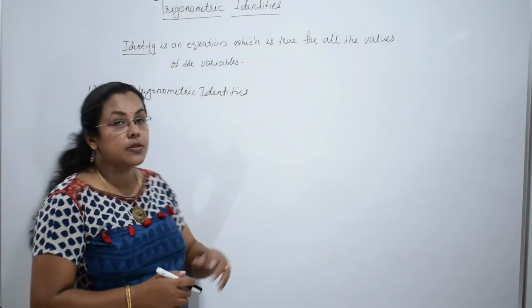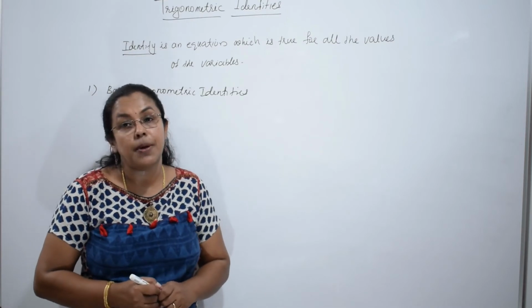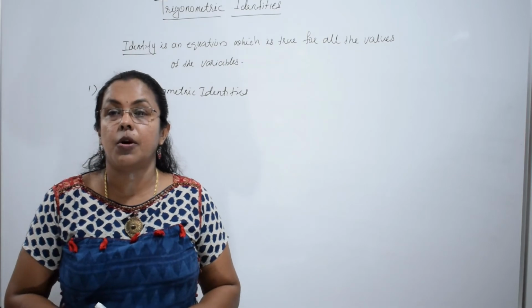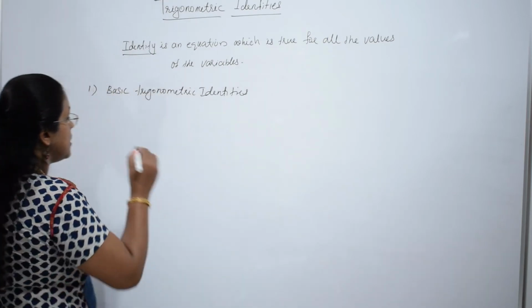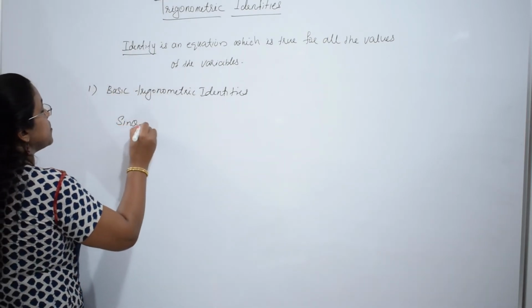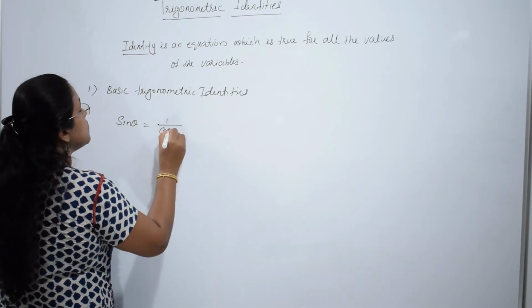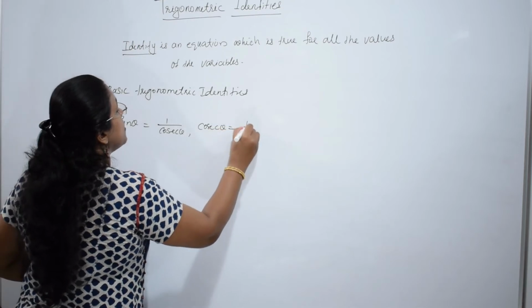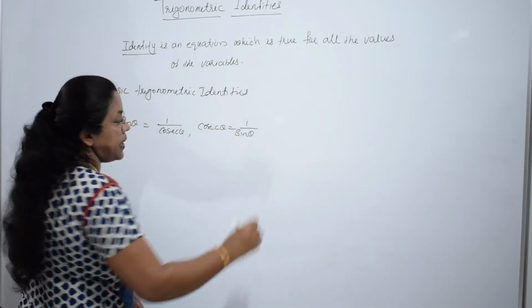First, basic trigonometric identities. What are basic trigonometric identities? We have already learned some of them, the reciprocal ratios. Sin theta is equal to 1 upon cosec theta, and cosec theta is 1 upon sin theta.